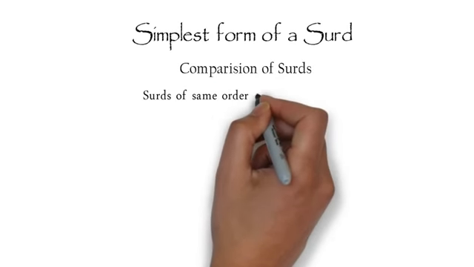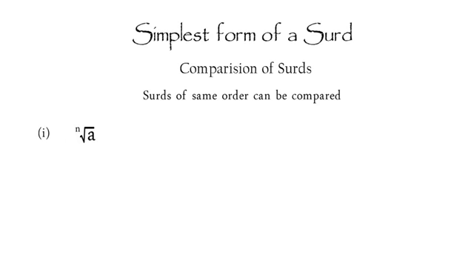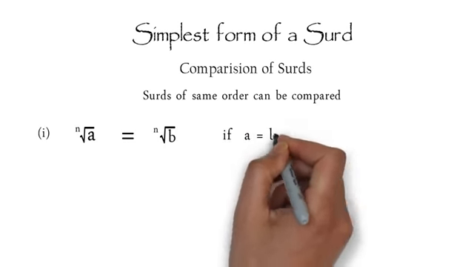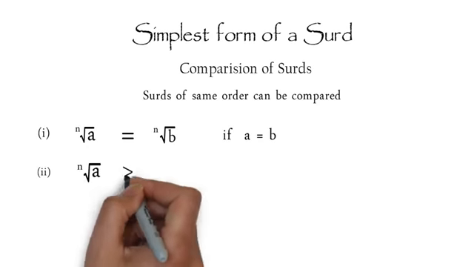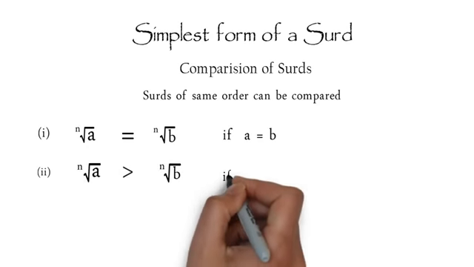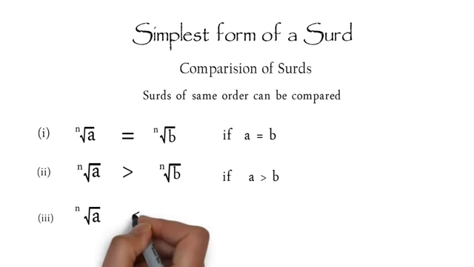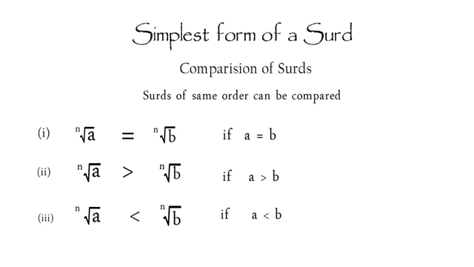Surds of the same order can be compared. First, nth root of a is equal to nth root of b, if a is equal to b. Second, nth root of a is greater than nth root of b, if a is greater than b, and nth root of a is less than nth root of b, if a is less than b.